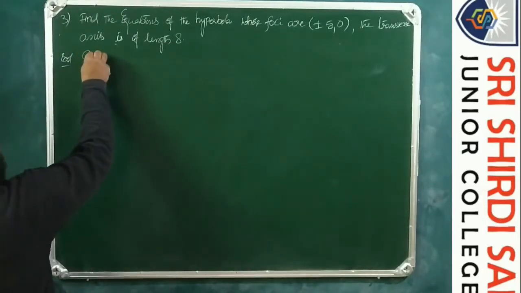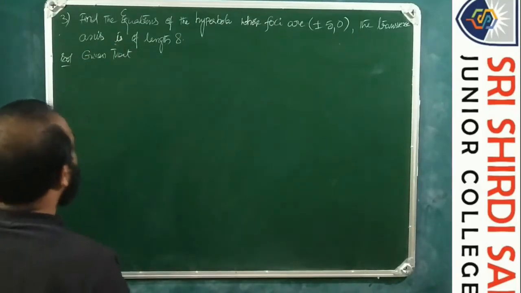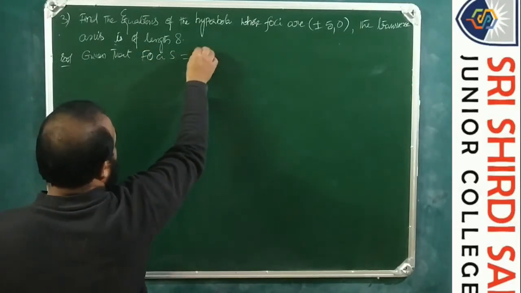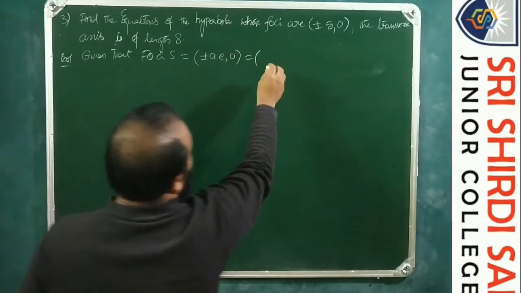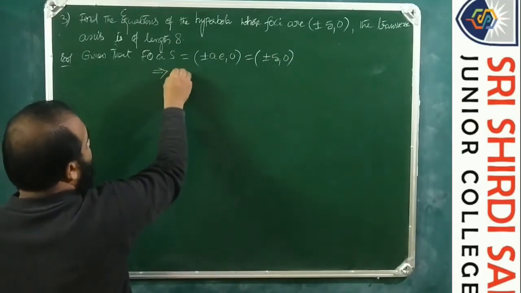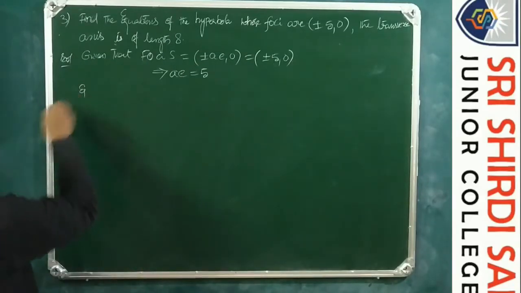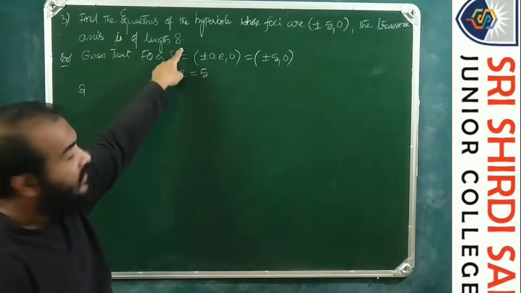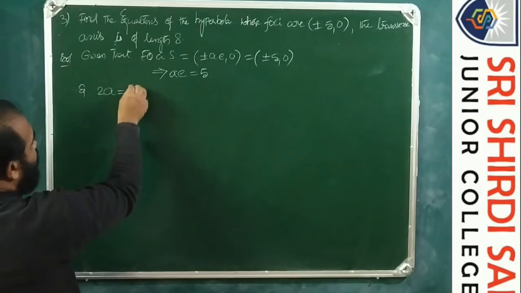Given that the foci are plus or minus ae comma 0. This is equal to plus or minus 5 comma 0. That means ae is equal to 5. This is given. And the transverse axis is of length 8. So the length of the transverse axis 2a is equal to 8.